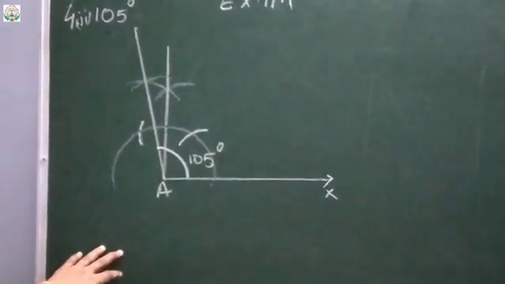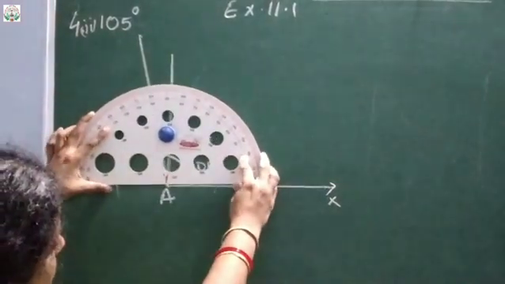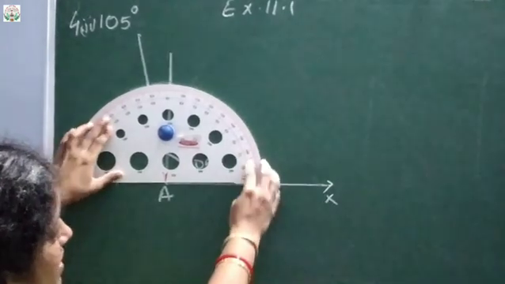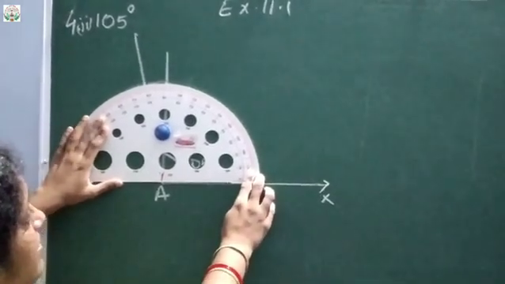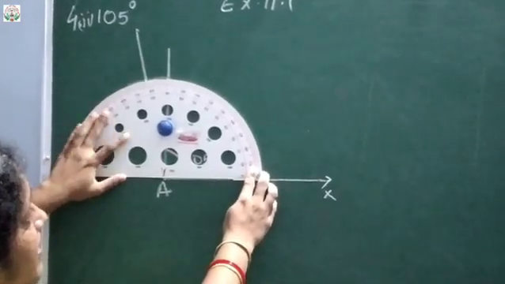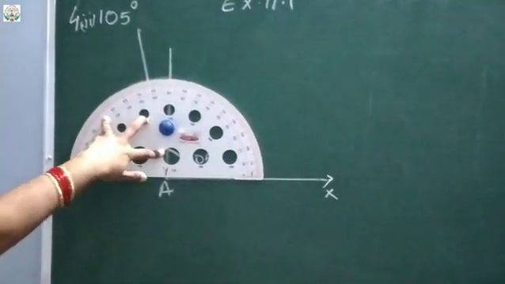Now with the protractor also we will see. Keep this arrow at A likewise, and then keep the rounder likewise. So you can see this line is exactly 90, is it not?